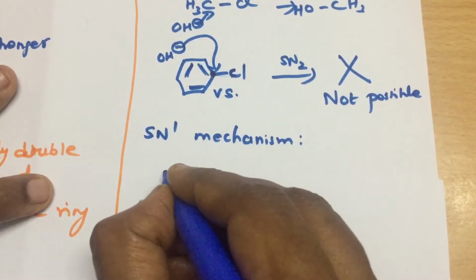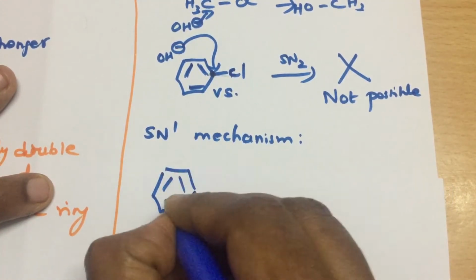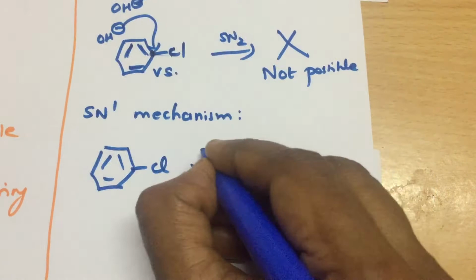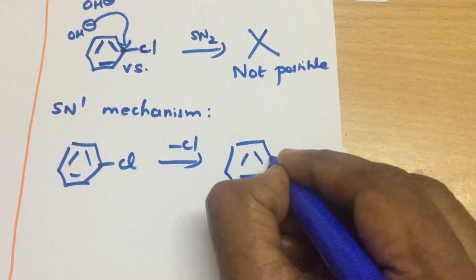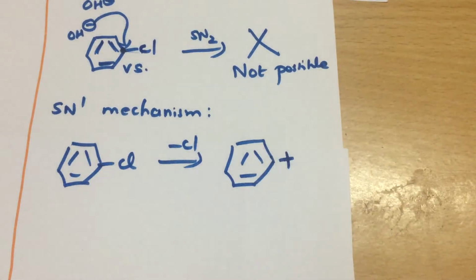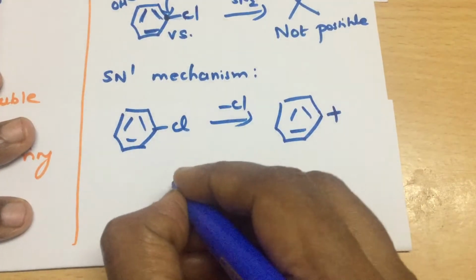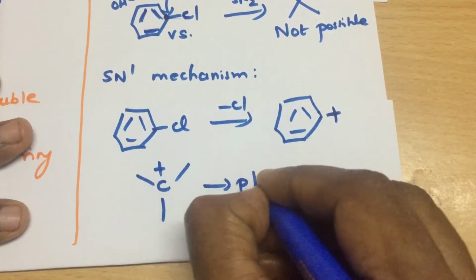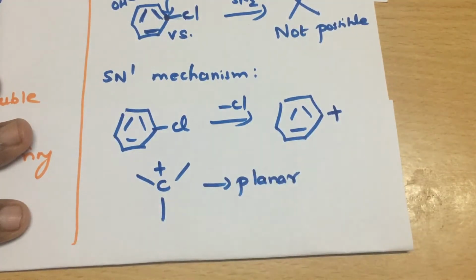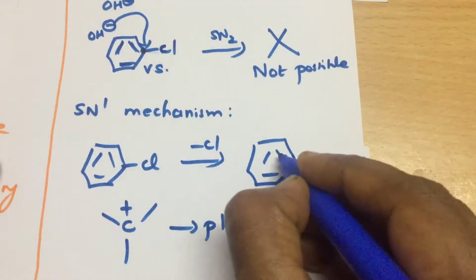So when you think of the SN1 mechanism, what is the first step? The halogen has to leave, leaving a carbocation. If this happens, this carbocation has to be formed. So remember students, for a carbocation, what is the main thing? It has to be planar in geometry. Is this planar in geometry?